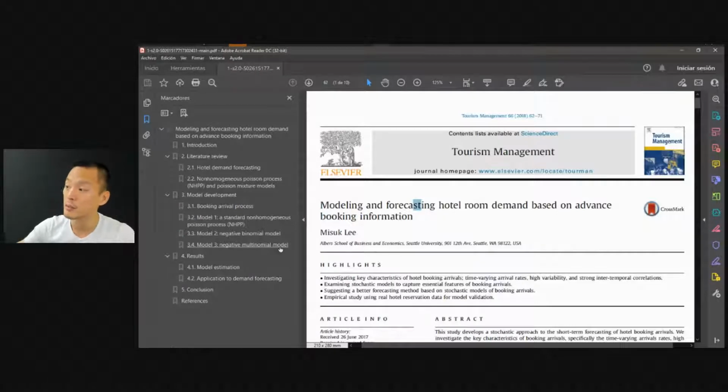That's why they get to publish the paper. So just from the structure alone, you know that NHPP is the old model and models 2 and 3 over here are the new models. But you don't know the details yet. You don't need to know it at this point.